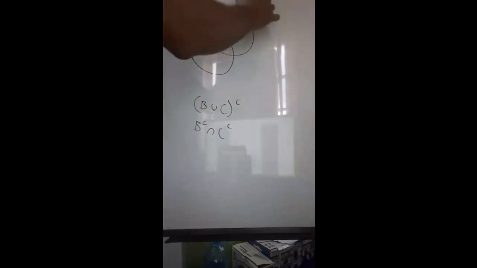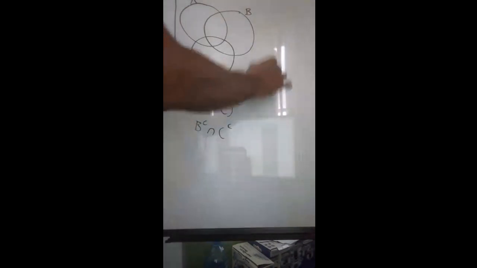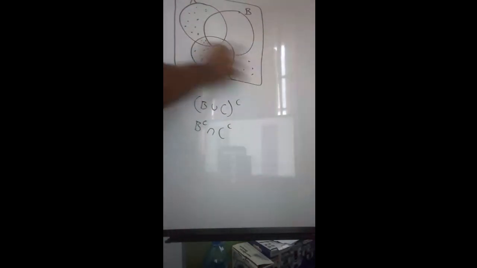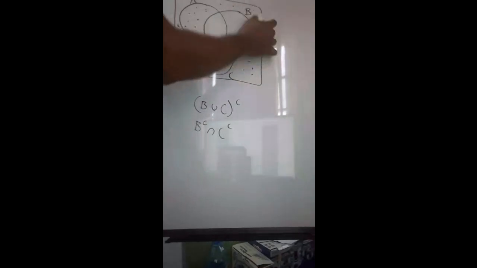So A, B, C. I'll draw the box smaller so there's not too much shade outside. Now the second part says B complement. So B complement would be everything outside B. So it is the outside, this part of C, this part of C, and this. So let me use some little blue dots here. So this is B complement. Of course, everything outside is shaded too.